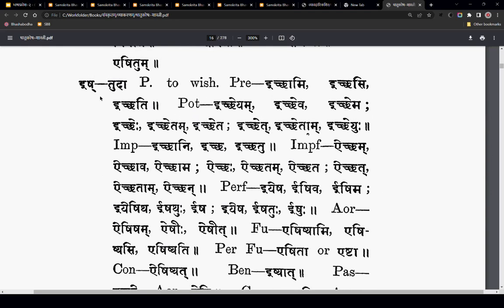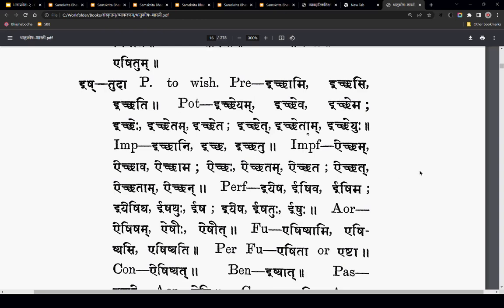Like isha dhatu here, you see, isha dhatu is tudadi. What is tudadi? It is number 6, and parasmaipadi. So this is ichhati, ichhata, ichhanti, which is very commonly used, aham ichhami, etc. So that dhatu is isha dhatu. And what is the common namapada derived from this? Ichha, right?